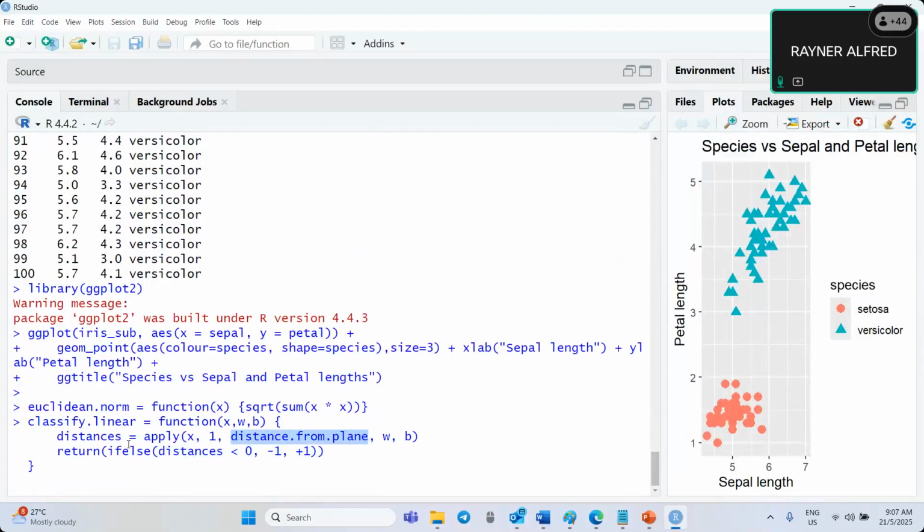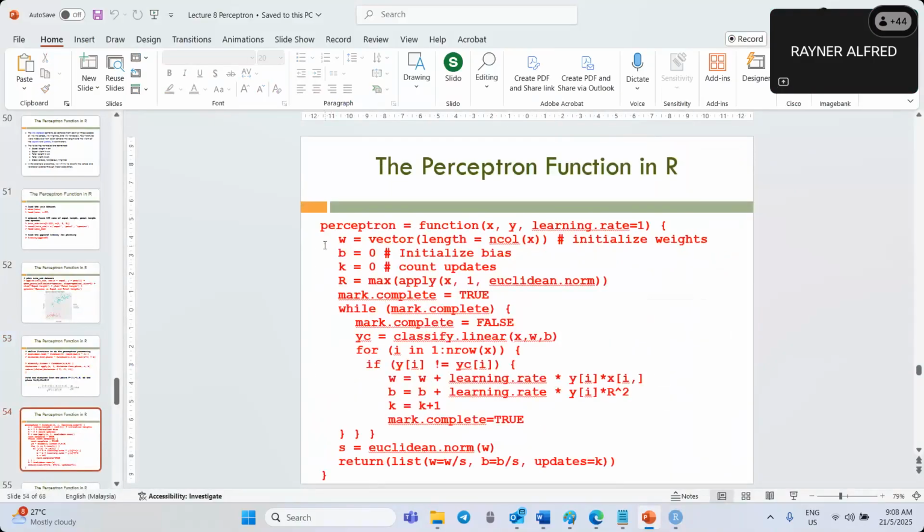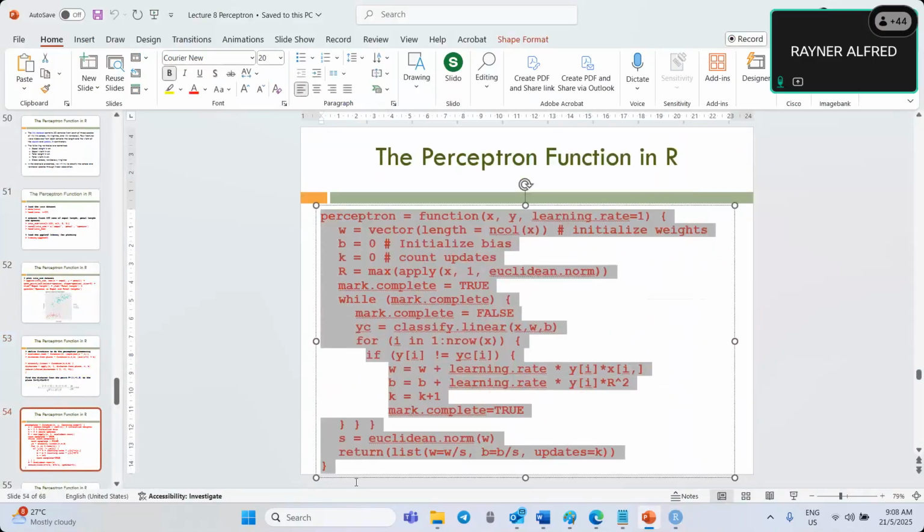So given the x, the weight, and also the bias, we will draw a line that will separate the classes that we have in our data set. This is the classifier that we have.